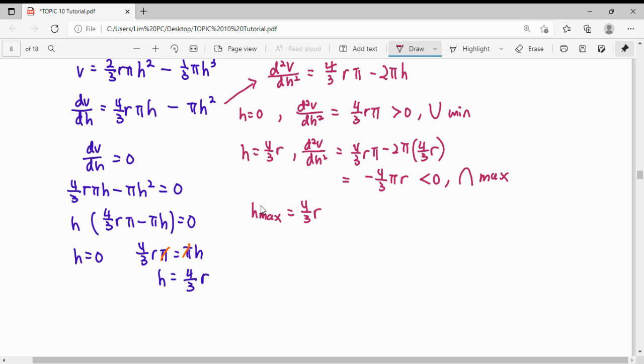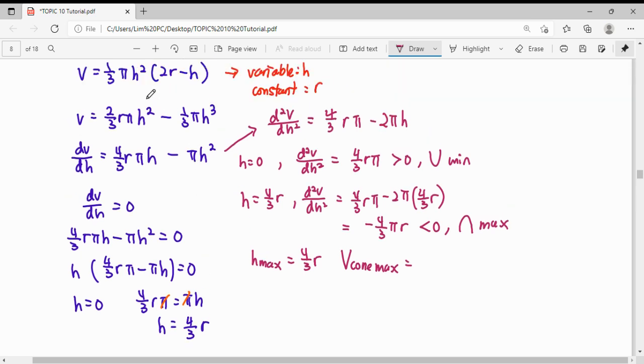Then we're going to generate the volume of the cone which is maximum. We substitute this h back into our formula of the volume, which is 1 over 3 pi, where h is 4 over 3 r squared, and then 2r minus h is 4 over 3 r.